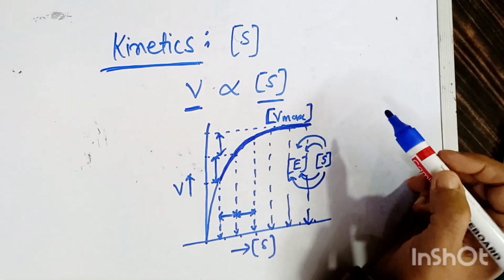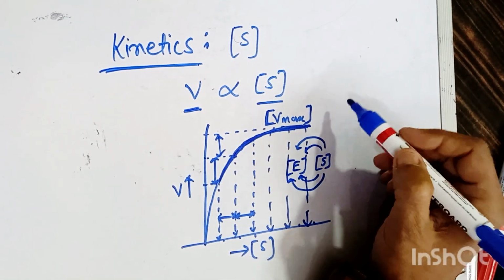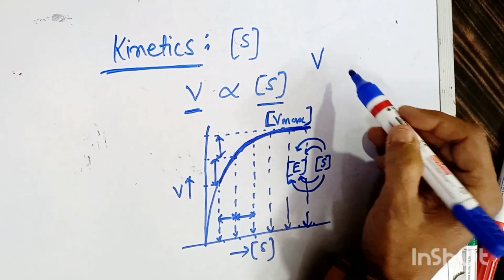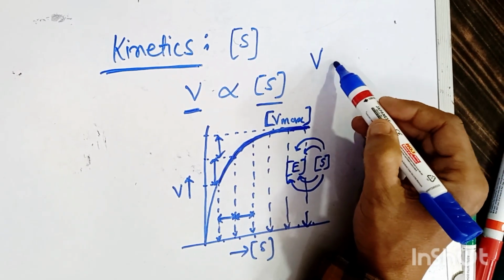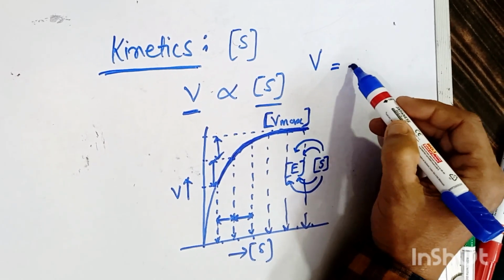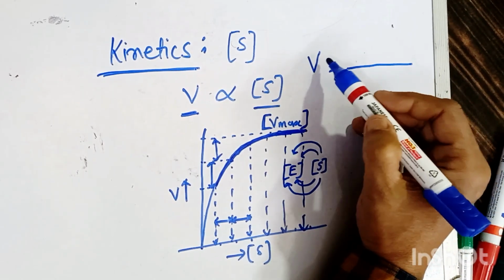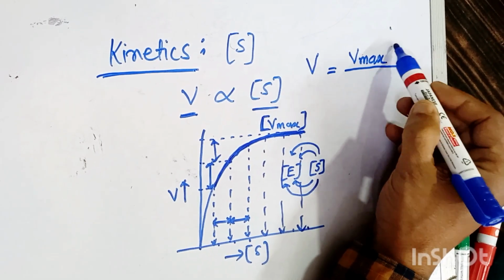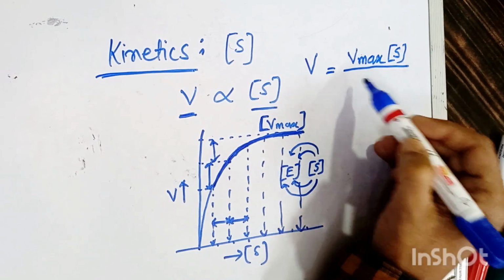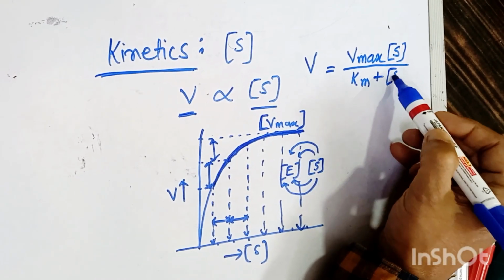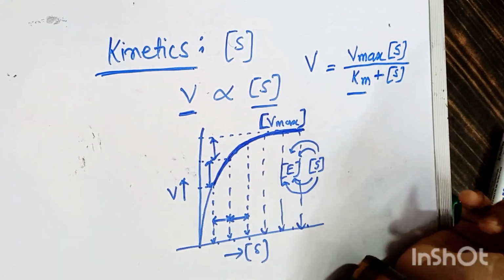Now what is the Michaelis Menten equation? The Michaelis Menten equation relates the velocity of an enzymatic reaction to the parameters present in it. Velocity is equal to Vmax into the molar concentration of the substrate, S, divided by Km plus S. Now there is a new term, Km.